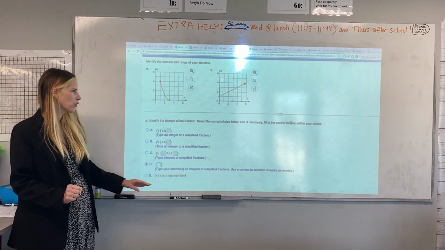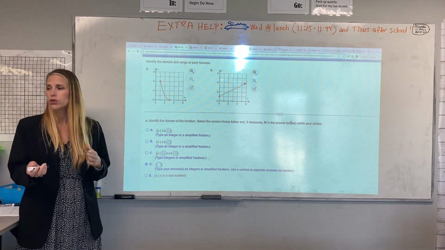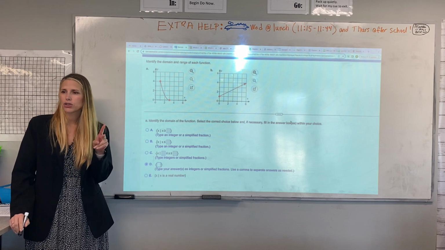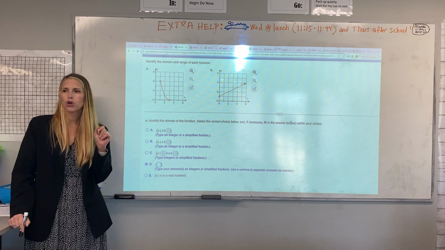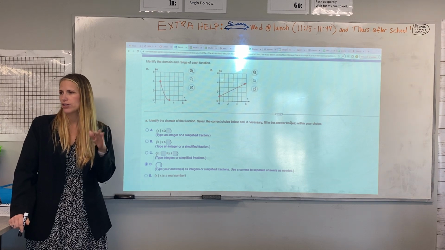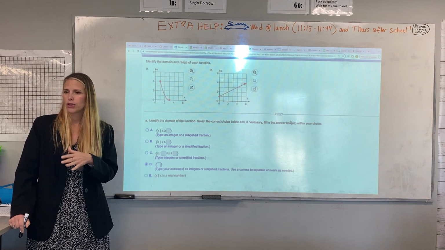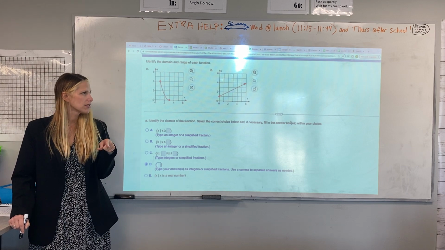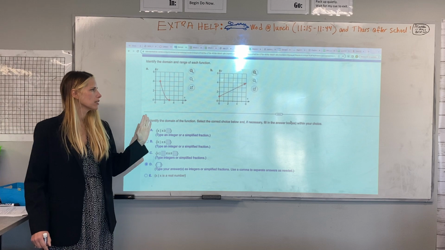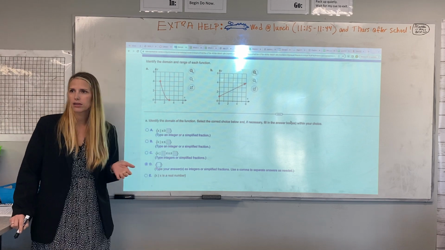Alright, can everybody see this okay? Now, you guys need two things. You need to have your Chromebooks open to this question, and you need to have your notebook out in case there are any notes that we want to take to help you with this question. Now, looking at your graphs, do your graphs look just like this, or are they a little bit different?